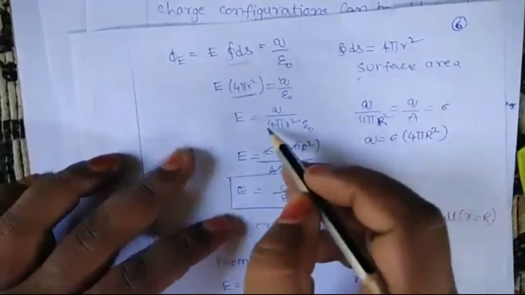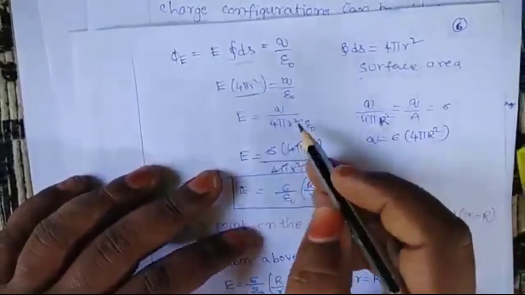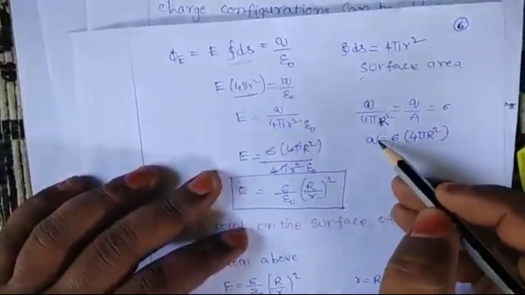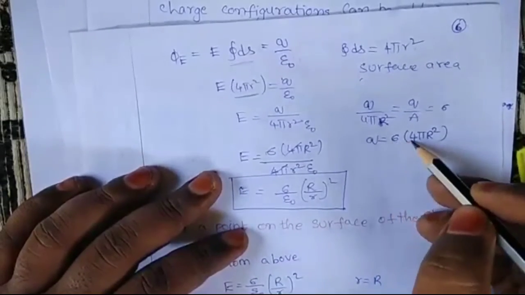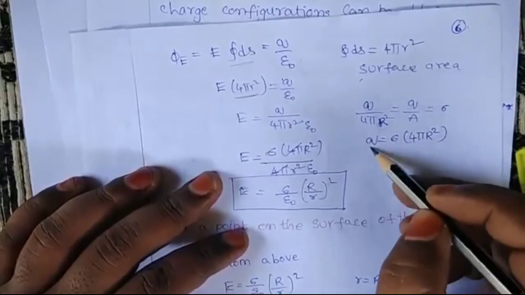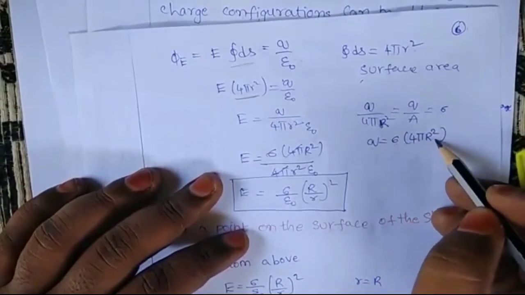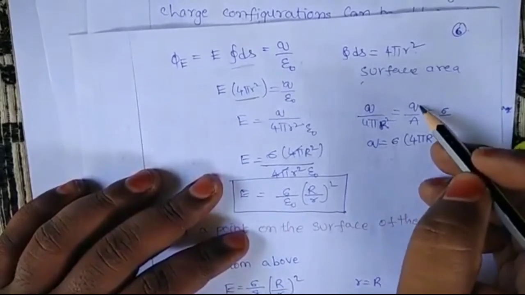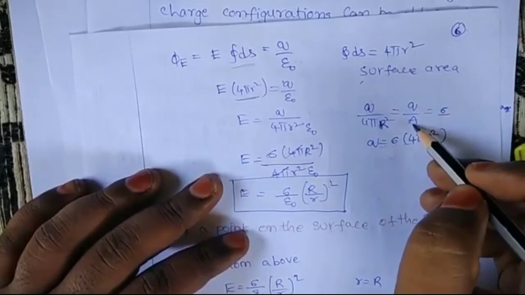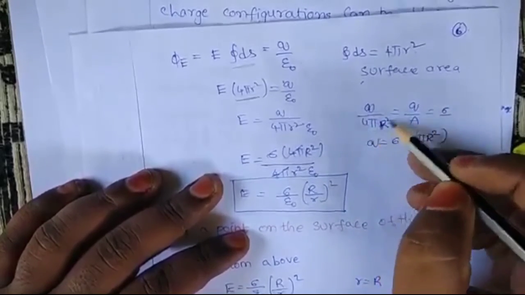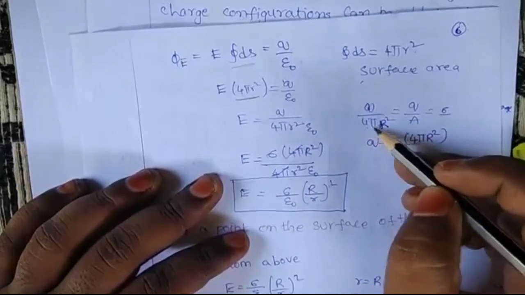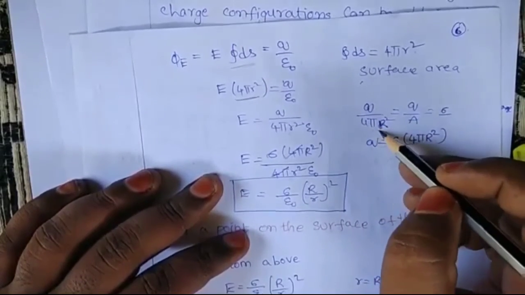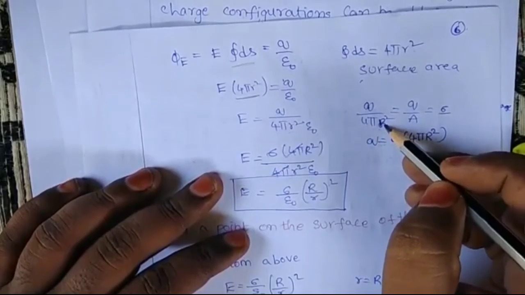According to surface charge density, we can take q is equal to sigma into 4 pi R square, where sigma is charge per unit area and 4 pi R square is the surface area of the shell, because R is the radius.